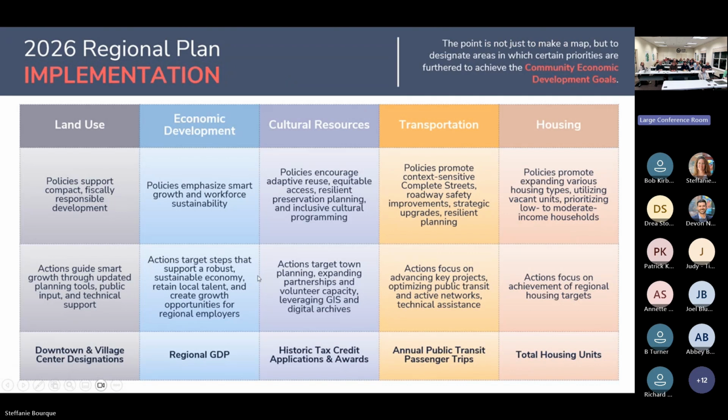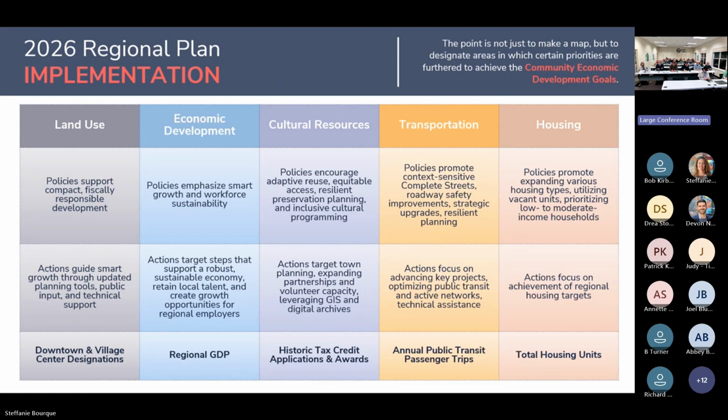So that's kind of the little deeper dive into the land use chapter and its companion piece, the regional future land use map. Now I'm going to wrap up by talking briefly about how we're intending to convert the vision laid out in the plan into action as far as implementation.